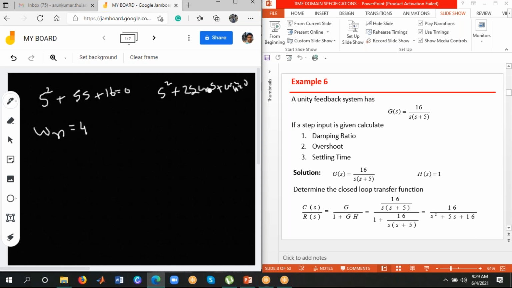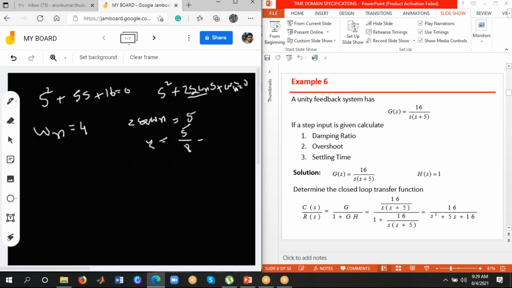And how can we get the zeta value? Equating, 2 zeta omega n equals 5, so zeta equals 5 divided by 2 omega n. 2 omega n is 8.